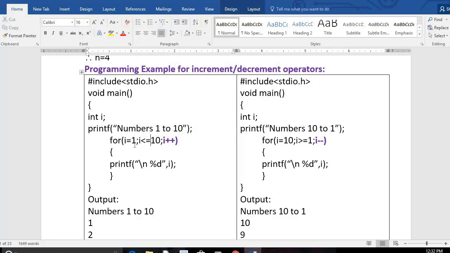Then the second one works. 1 less than or equal to 10, true. True means this body works. 1 will be printed. Once the body works, I plus plus, means 1 becomes 2. I equals I plus 1. 1 plus 1, how much? 2. 2 less than or equal to 10? Yes, 2 is printed.